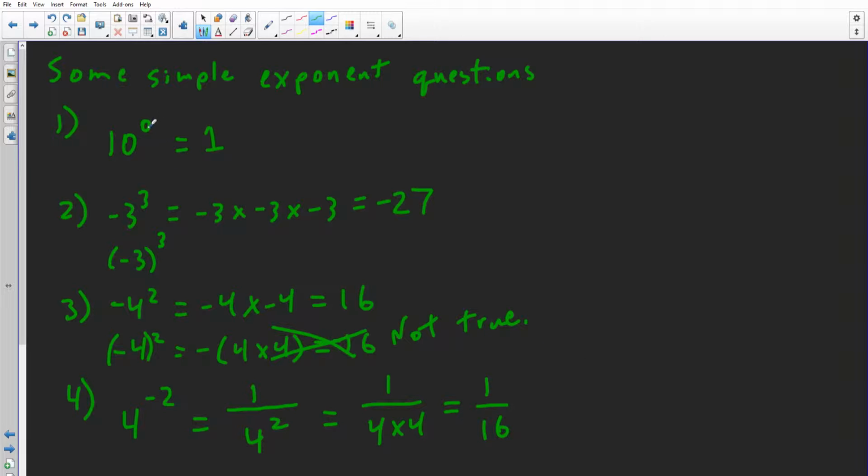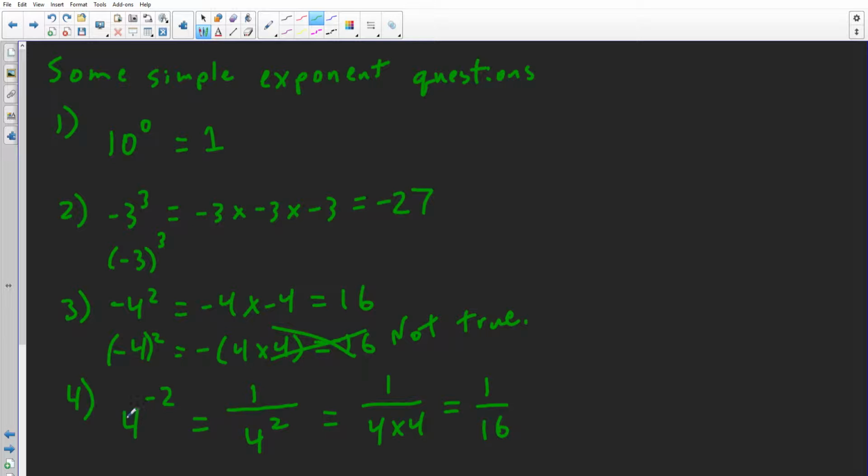So there are some tricks. If you have an exponent that is a 0, any number at the bottom with a 0 exponent is going to be equal to 1. If you have negative 3 cubed, it's going to be negative 3 times negative 3 times negative 3, which is equal to negative 27. But when you put that in your calculator, you need to use brackets around the negative 3.